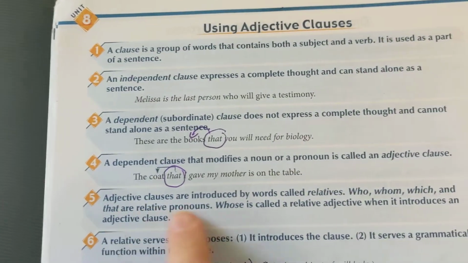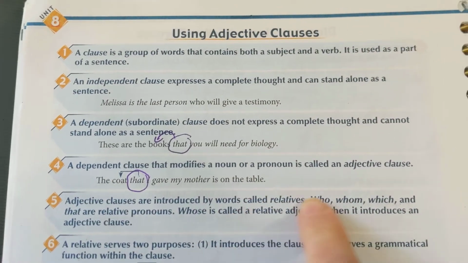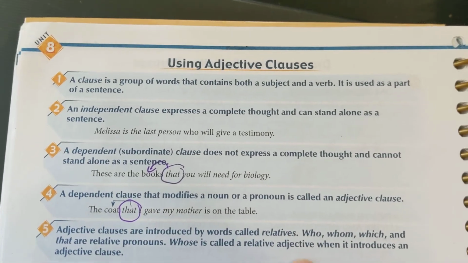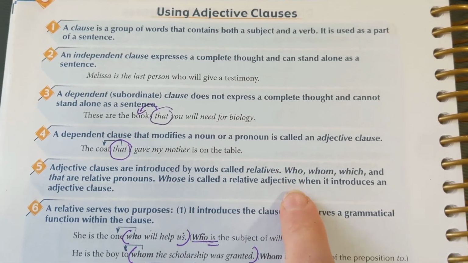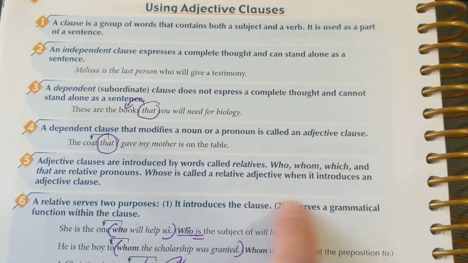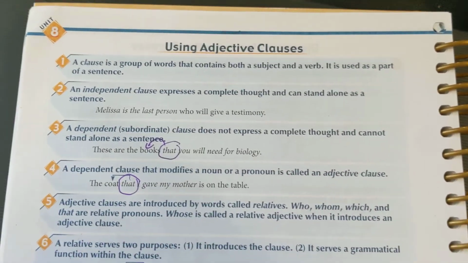That's the only exercise you have to do today. But make sure you reference number 5 because it lists all of the relative pronouns that start the clause. If a clause you think the answer is does not start with one of these words, it is wrong. So make sure you reference your rules and your sources as you're doing your exercise.